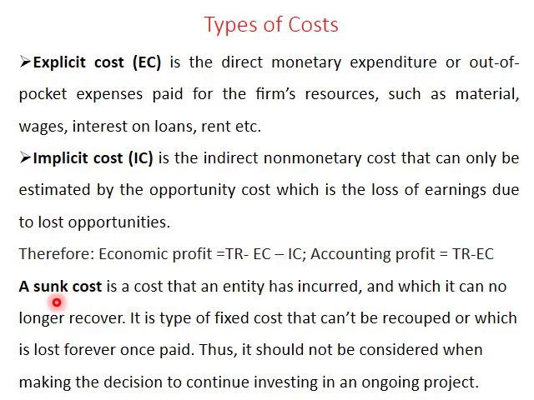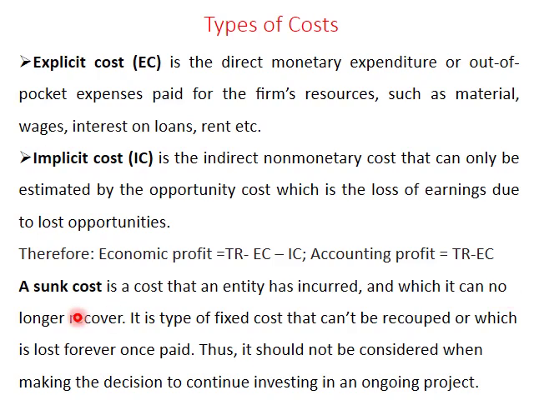The other type of cost is a sunk cost. This is a type of fixed cost, by the way. It is a fixed cost that cannot vary with the quantity of production, and which can no longer be recovered for the future.